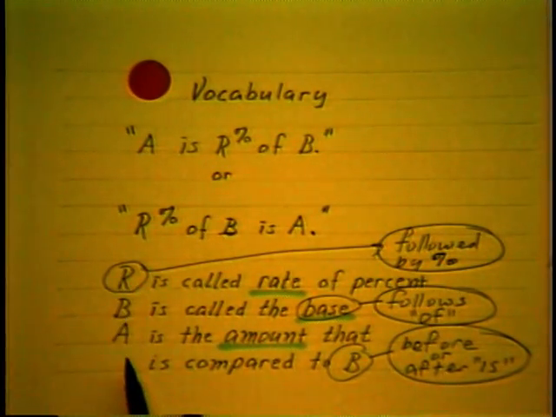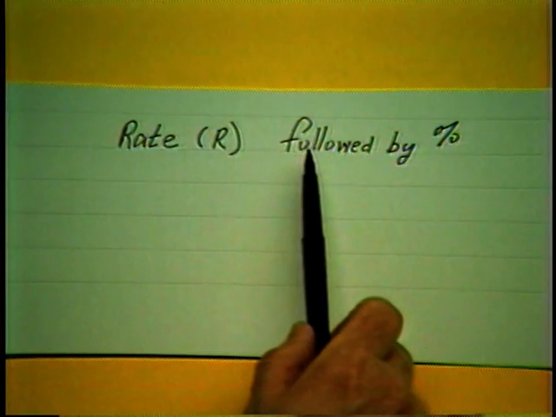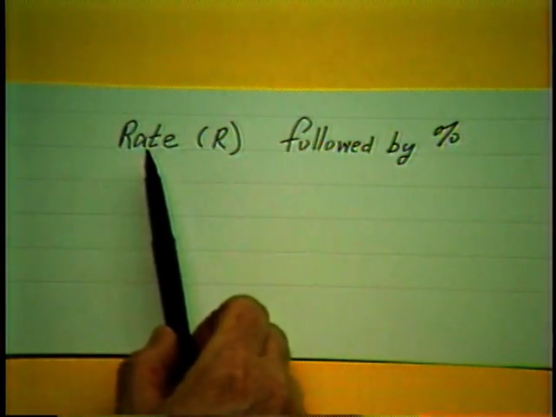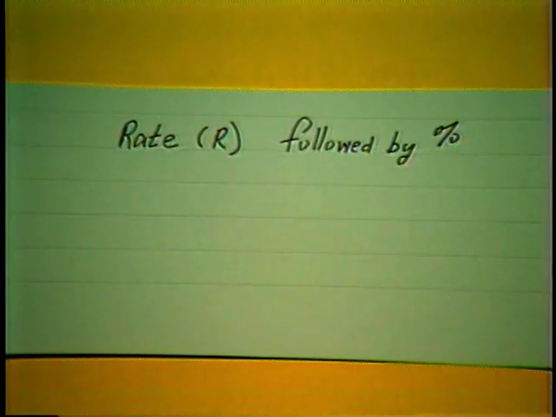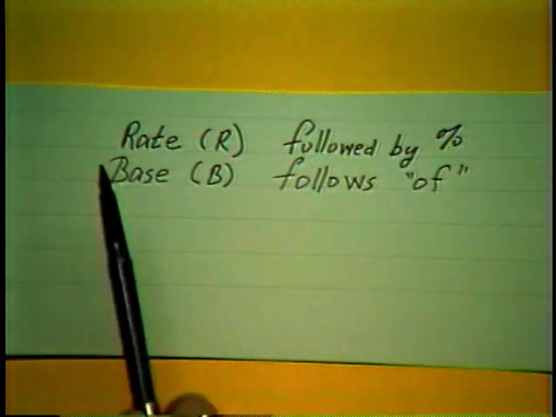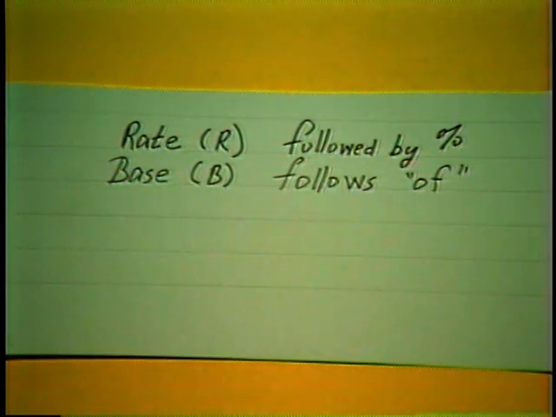Now these 3 items, particularly if you are to go into a bookkeeping or an accounting course, are best memorized. Remember as soon as possible that the number followed by percent we call the rate of percent. Also remember that the number which follows of, business people will call the base of the transaction.